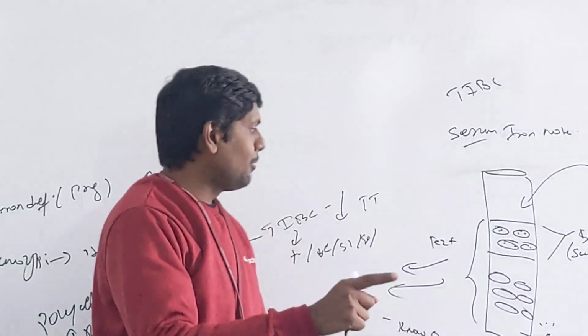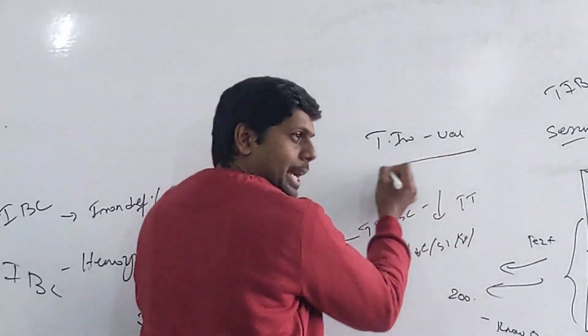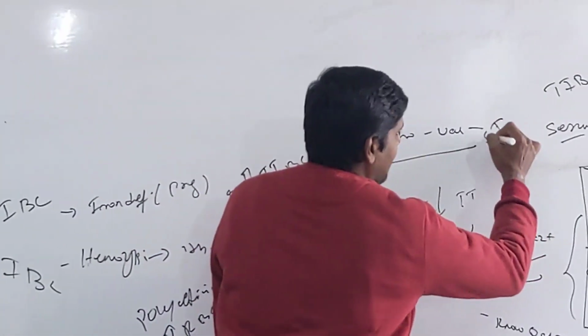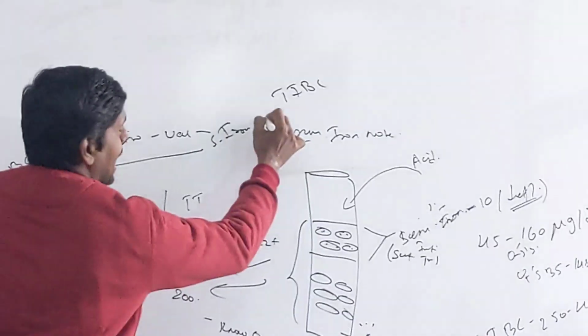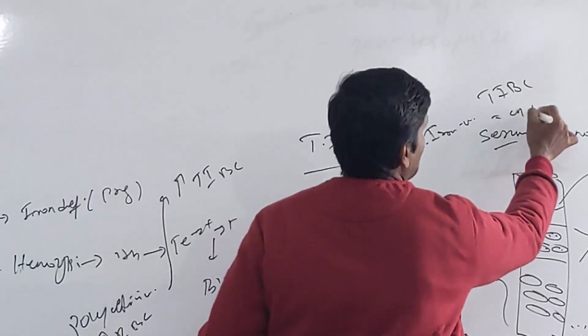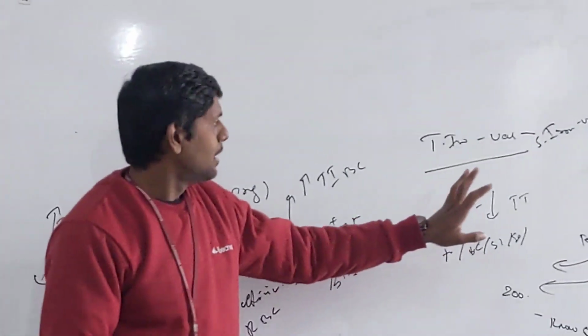Got it? Total iron binding capacity minus serum iron value will give us the unsaturated transferrin value. That's it, right?